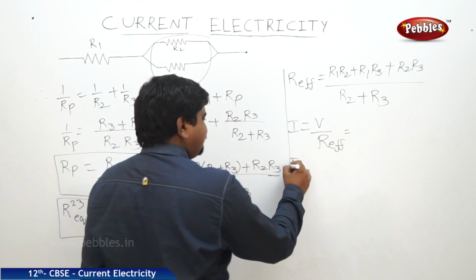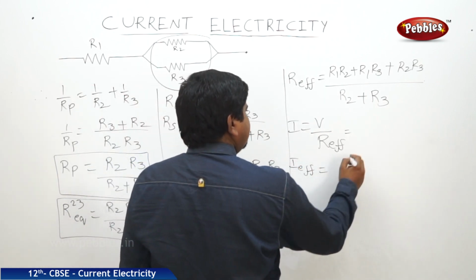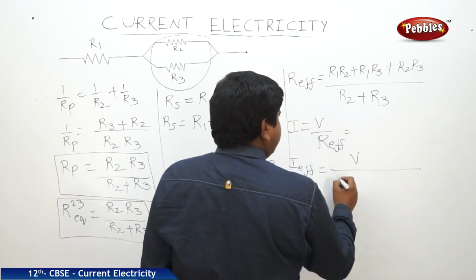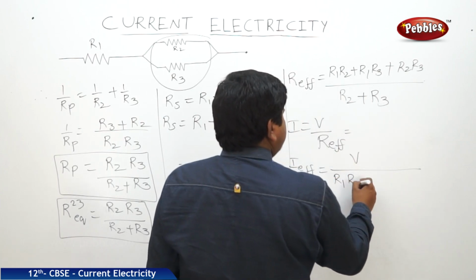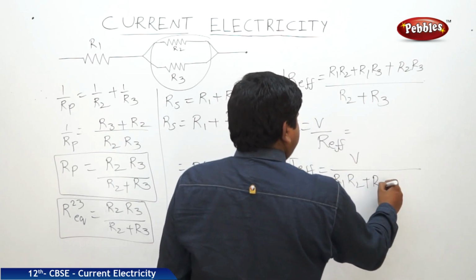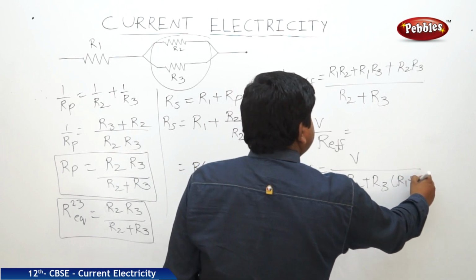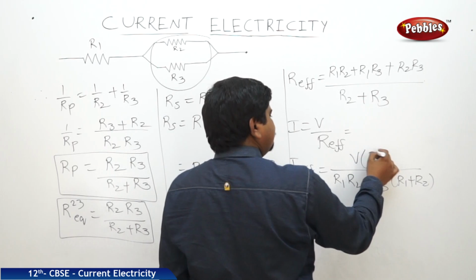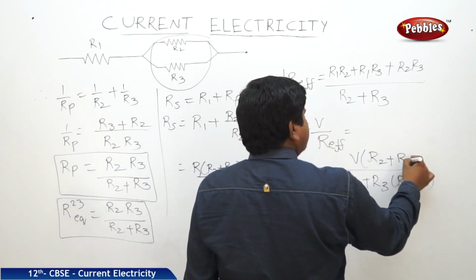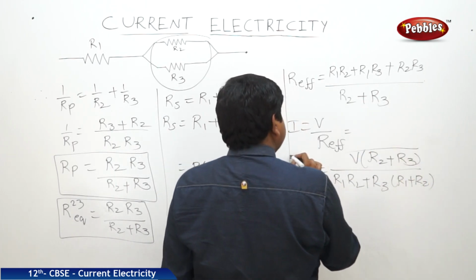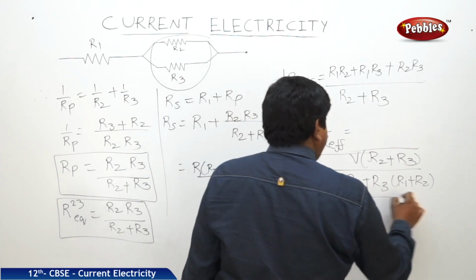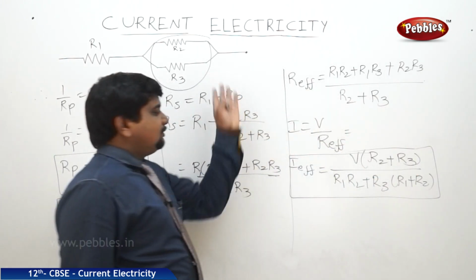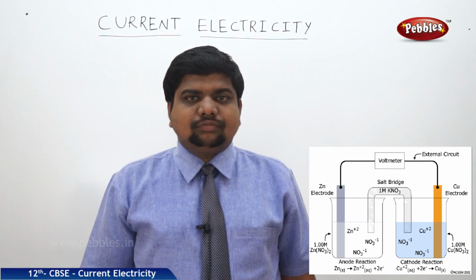So therefore I effective is equal to V by R effective, meaning V into R2 plus R3 divided by R1 R2 plus R1 R3 plus R2 R3, which if you take R3 common can be written with R1 plus R2. This is I effective in these types of circuits.